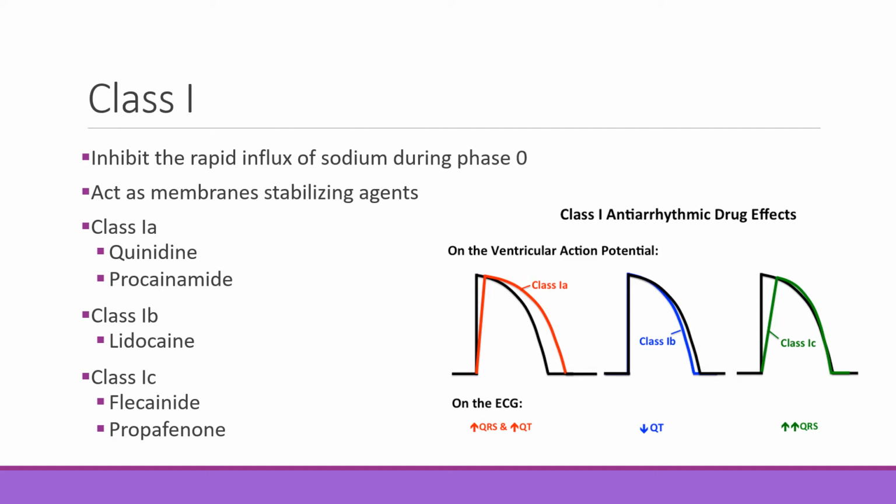For the ventricular action potential, this increases the QRS complex, but what it doesn't mention is that even though it just increases the QRS complex here, it's so impressive that it can actually increase the risk of torsades due to a prolonged QT. So in these patients, if you do see someone on these, which should be rare, just be really cautious of giving them other QT prolonging agents and probably avoid them if you can.